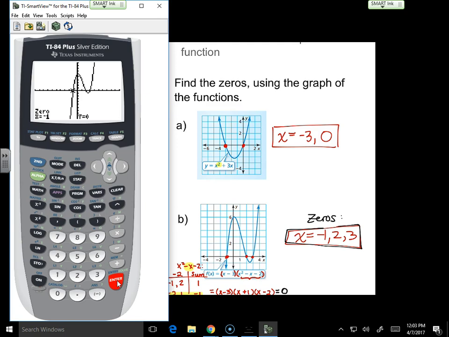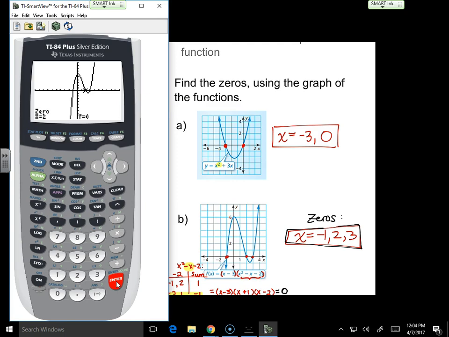Yo, this is actually really cool. And then we go ahead and find the next one, the same way. But if I want to find the next zero, I have to tell it where to look. So I say, there it is to the left. I have to keep on going to where it goes below.